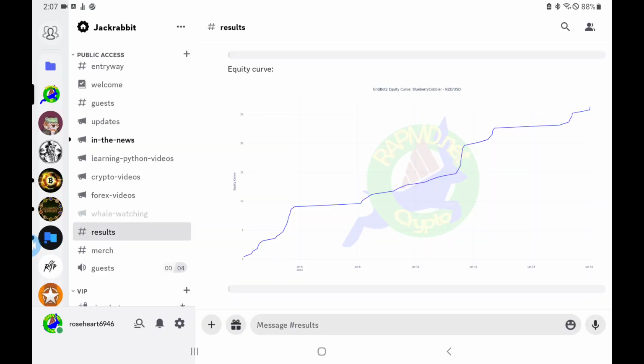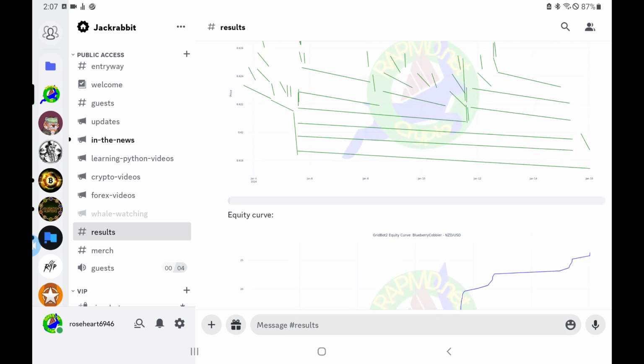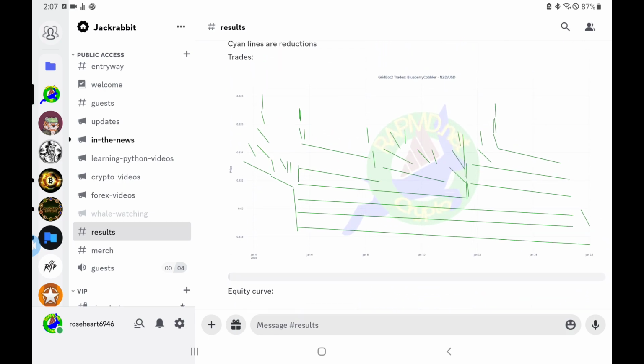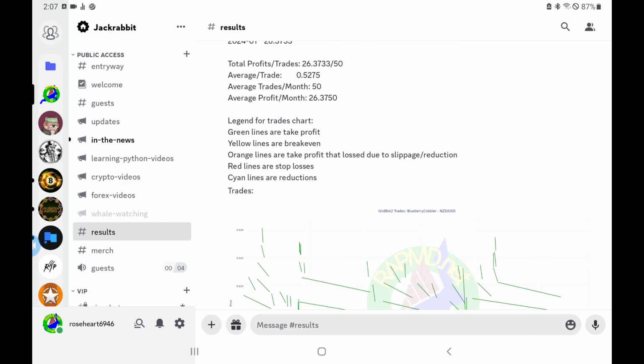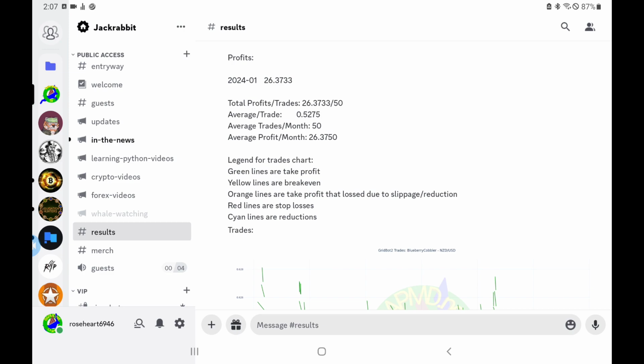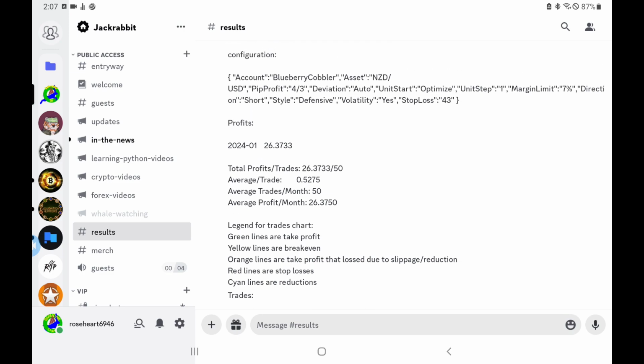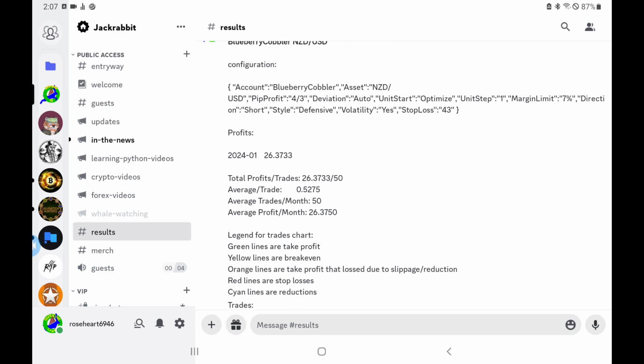Here we are in the Jackrabbit support server, and you can see an equity chart of one of the pairs from a demo account. If you scroll back, you'll see the trades that were placed for this demo account. And you keep going a little bit further back, and you'll see exactly the configuration I used, the number of trades taken place, the profit for the month, so forth.